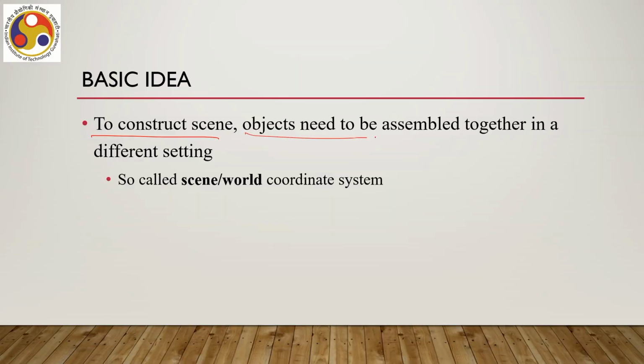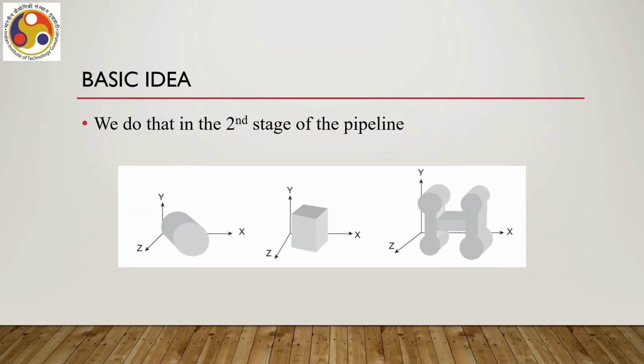So, objects need to be assembled together in a different setting, which we can call the scene or world coordinate system. So, essentially what we do is take the object from its local coordinate description to a scene or world coordinate description. The idea is illustrated here.